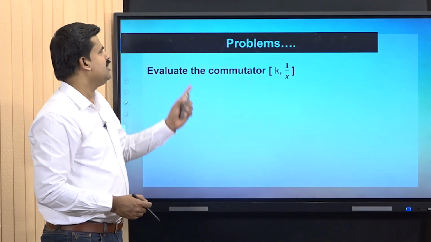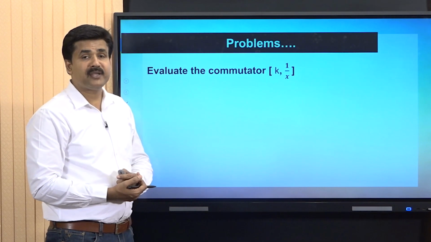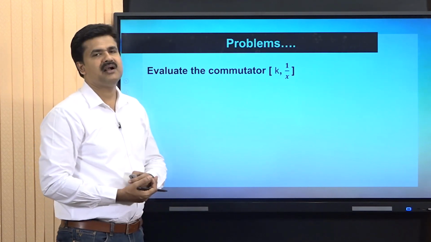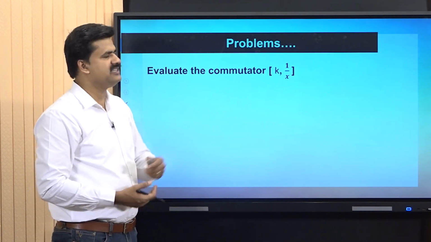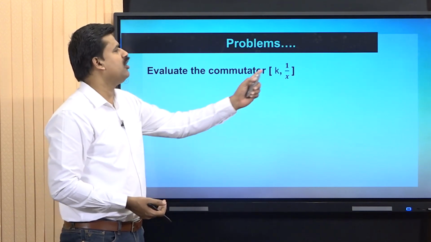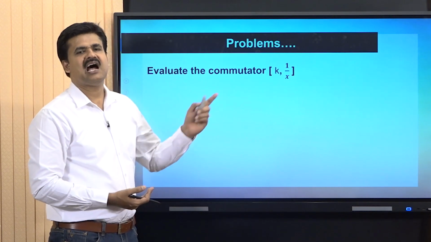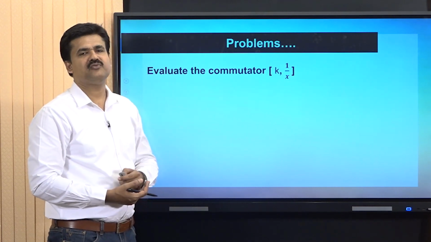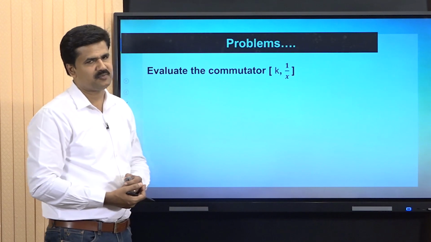Now, evaluate the commutator of K and 1 by X. Inside this commutator, there are two operators. One is the constant operator K, the other one is the reciprocal of the position operator, that is the 1 by X operator.